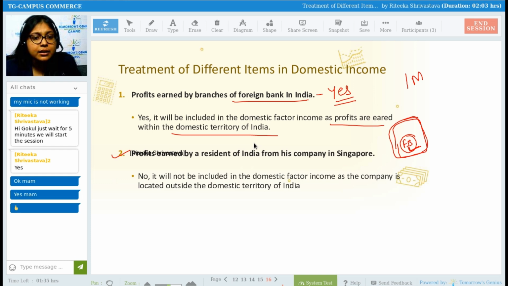Second, profit earned by a resident of India from his company in Singapore. Will this be included under domestic income? No. Although he is an Indian person, he is receiving profit in Singapore, a different domestic territory. So will it be part of domestic income? And if I ask you, can it be part of national income then?